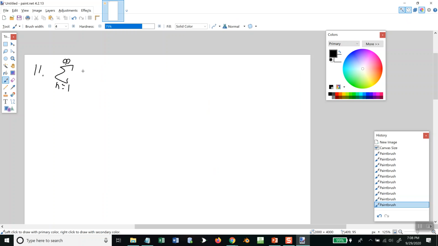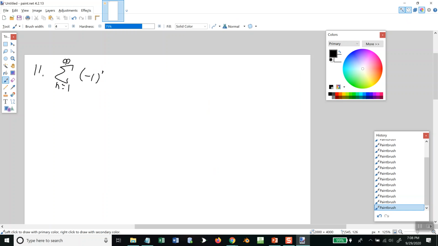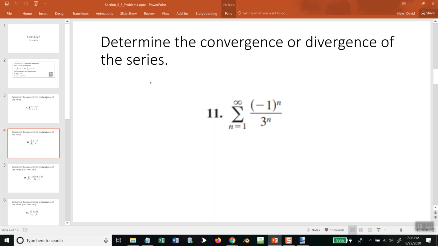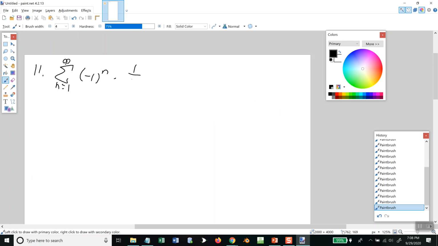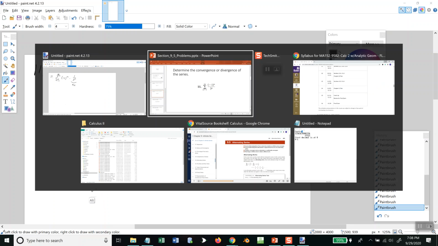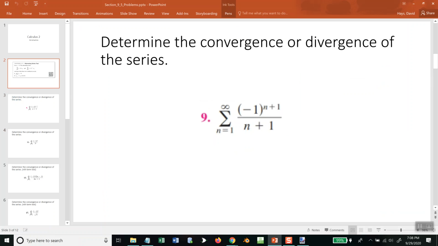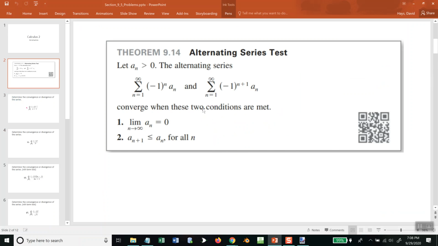I'm going to go ahead and put the -1 to the n power to the side because I know it's got to be there. And then I got 1 over 3 to the n. Now, if you have that to the side, this is always your a sub n. And again, we need to check these two criteria.